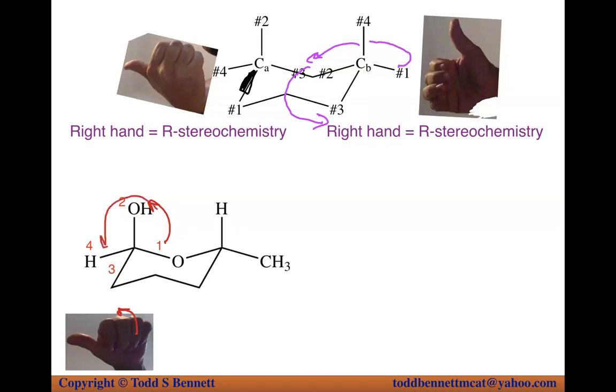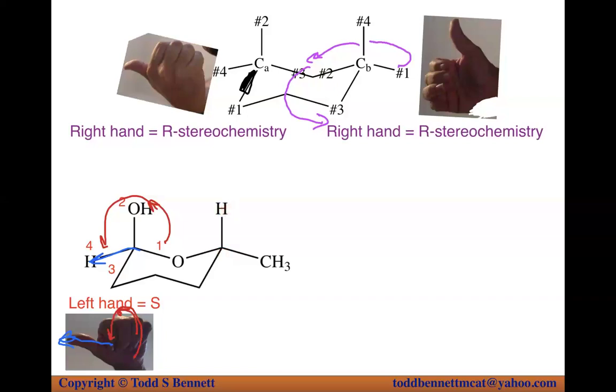So this time, if you match your hand to that picture, you notice your thumb is towards number 4. So that right there is your thumb. And your fingers are curling from 1 to 2 to 3, going back and around. So that matches. This is a left hand. Left hand equals S.